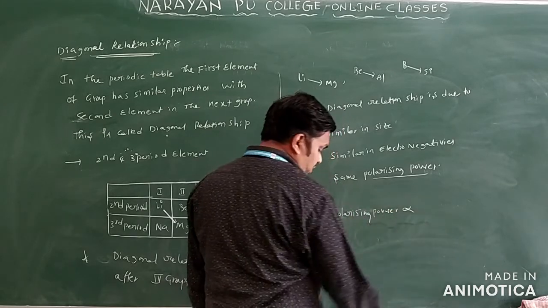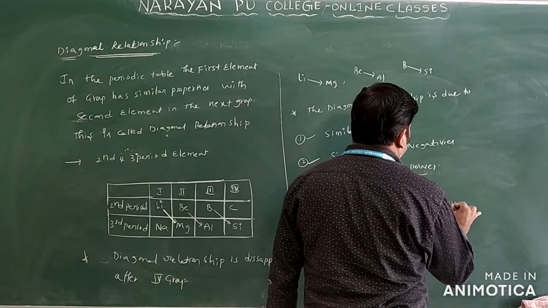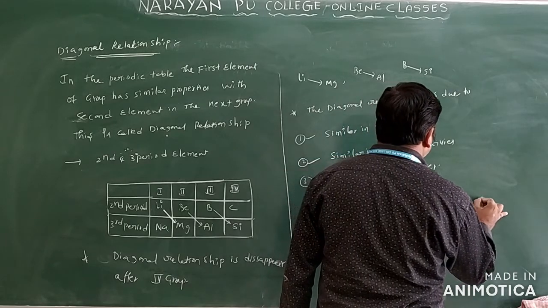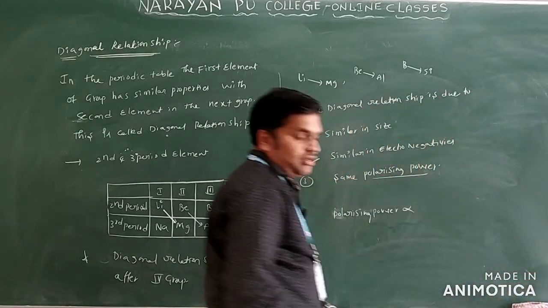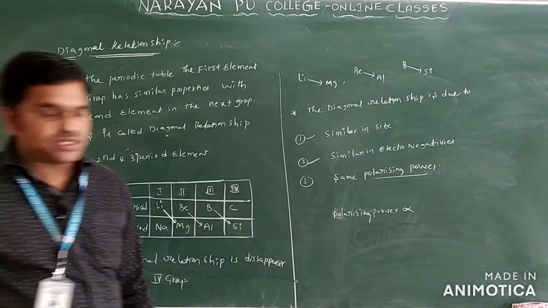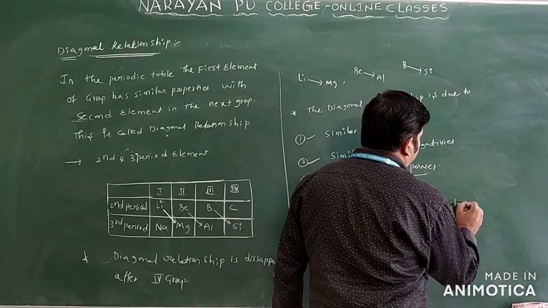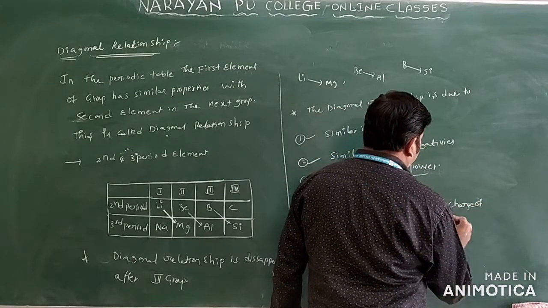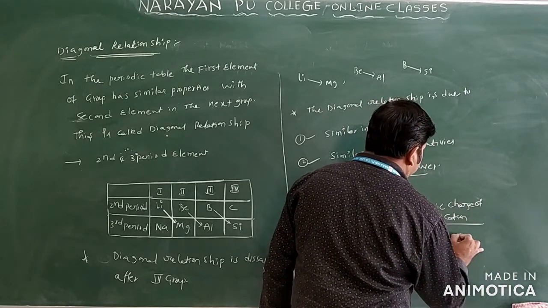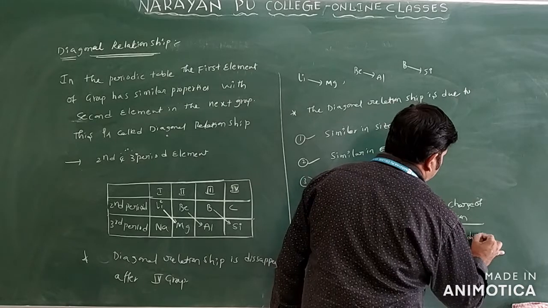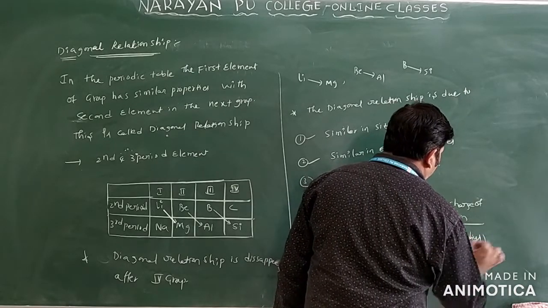Polarizing power is directly proportional to the ionic charge of the cation divided by the ionic radius of the cation whole squared only.